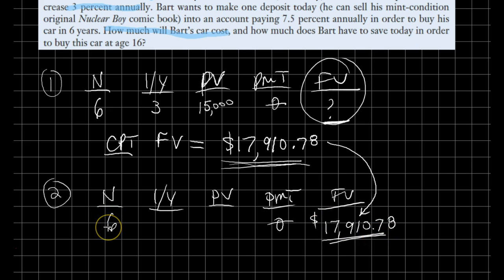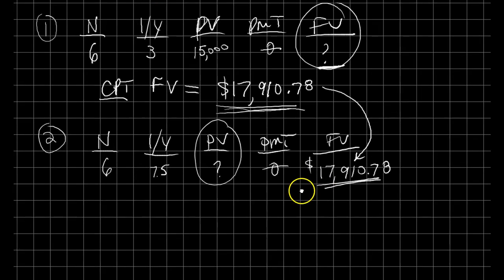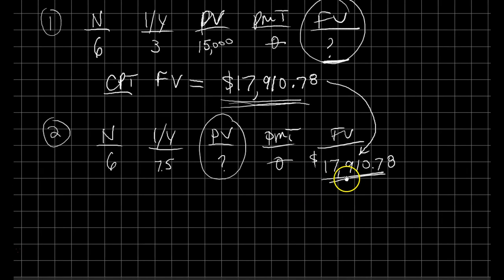Again, we have 6 years, and we can earn 7.5% annually, and therefore how much should we deposit into an interest earning account so that we have enough money accumulated in our account down the road in 6 years? That is pretty much what we need.